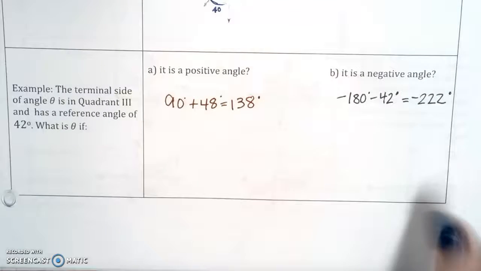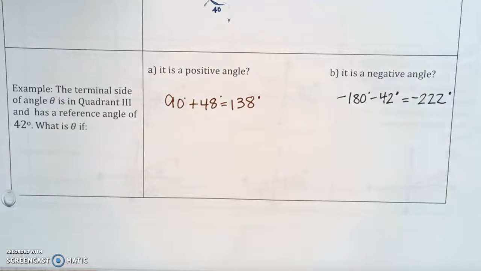All right. Down at the bottom, it says the terminal side of angle theta is in quadrant 3 and has a reference angle of 42. What is the angle if it's positive?